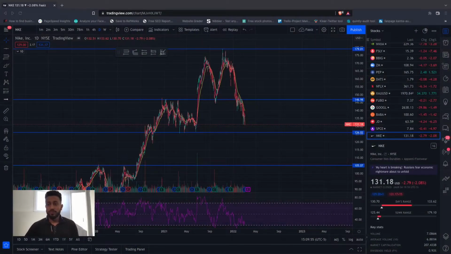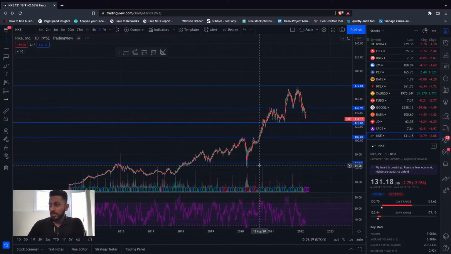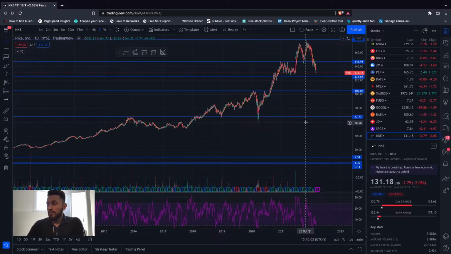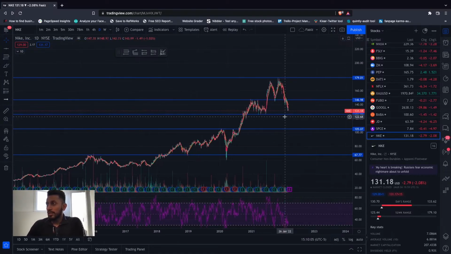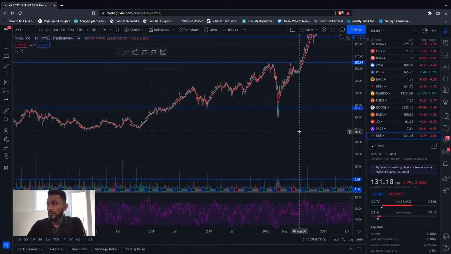All right, moving forward. So now that I have drawn my support and resistance lines over here, how can I use it to my advantage? Well, let's go back and look at some examples.